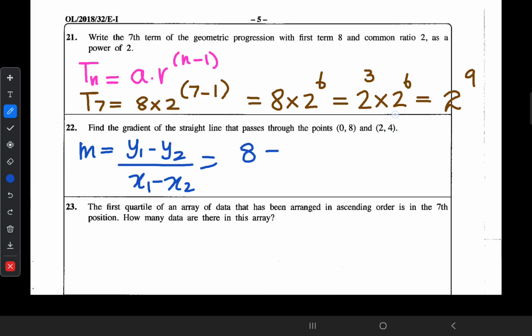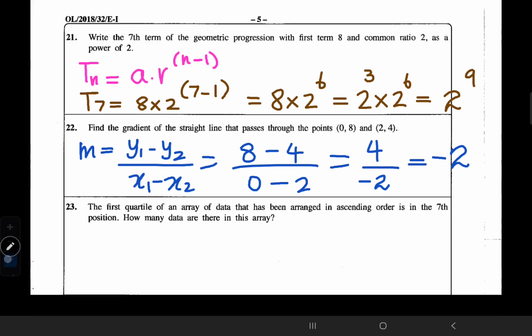The y value is the second one. 8 minus 4, divided by x1, which is 0, minus x2, which is 2. 8 minus 4 is 4, 0 minus 2 is minus 2. 4 divided by negative 2. The gradient would be negative 2.